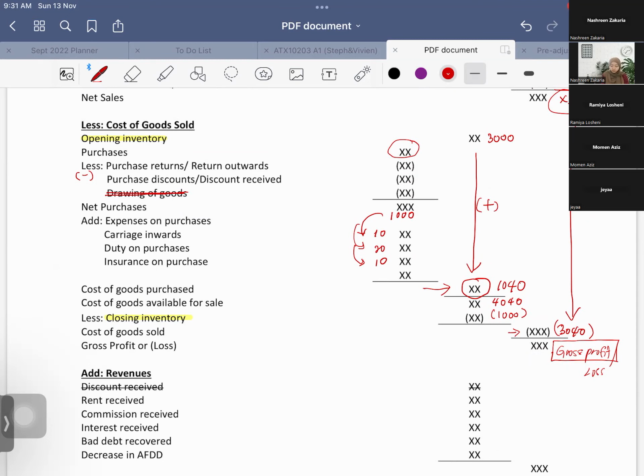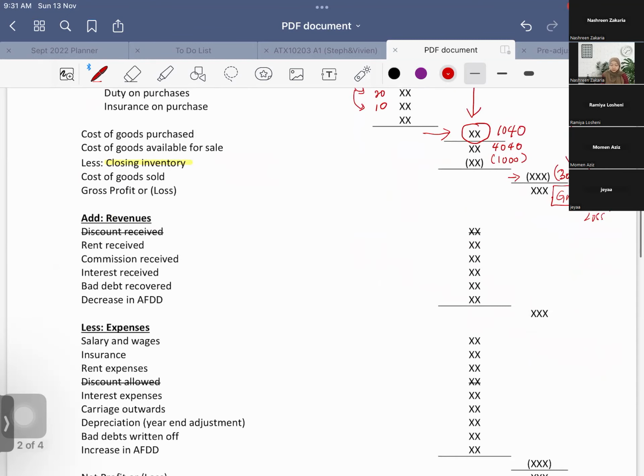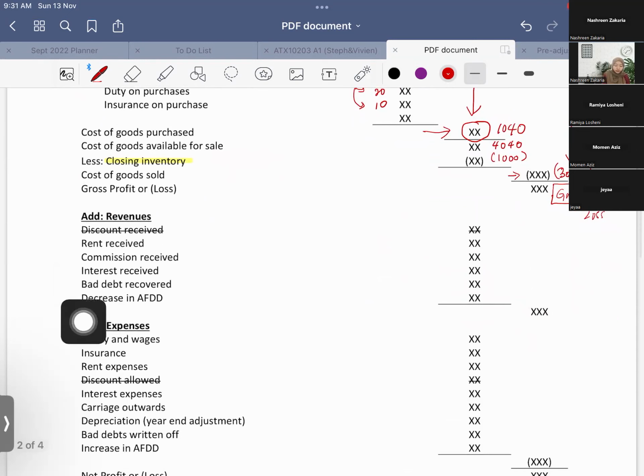Okay. Lepas tu, after you got gross profit, you will need to add with revenues and expenses. Whatever revenue, whatever expenses. It's not necessary to be exactly like here lah. Sebab kita ada banyak types of revenue and banyak types of expenses. So not necessarily exactly like this format.